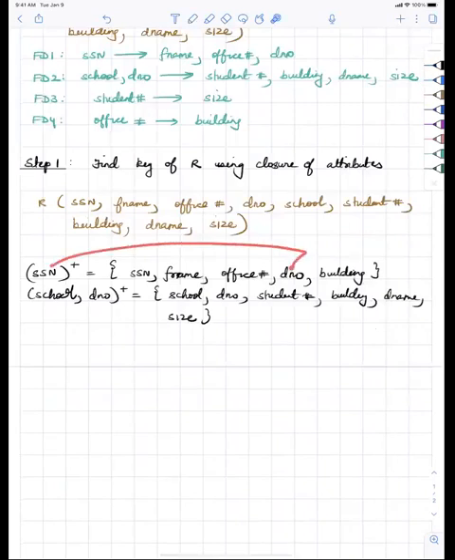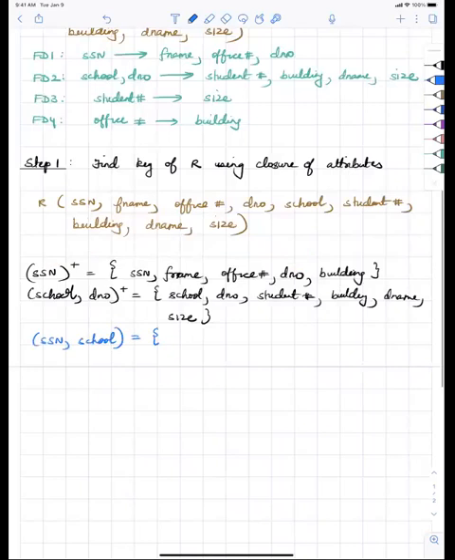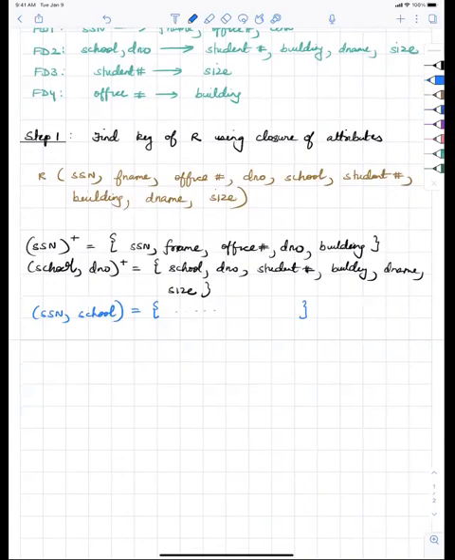So if you do SSN and school, you should be able to get all the attributes on the right-hand side. I'm not going to write it down, but it'll give you all the attributes. So the key is SSN and school.